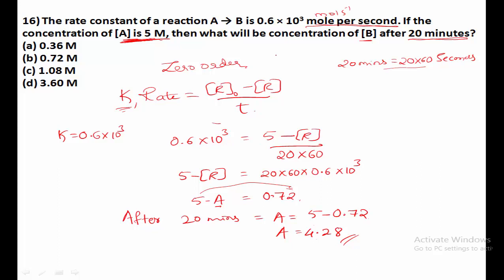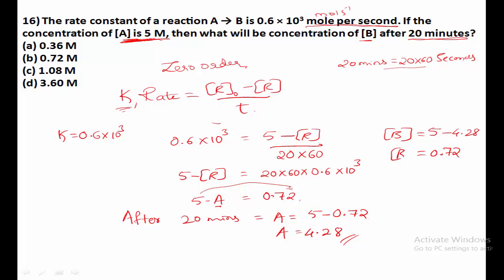Now they asked you to find the concentration of B after 20 minutes. So after 20 minutes, concentration of B, okay, that would be how much? Total initial concentration is 5, but A's concentration is 4.28. Simply subtract that, the remaining how much? 0.72.